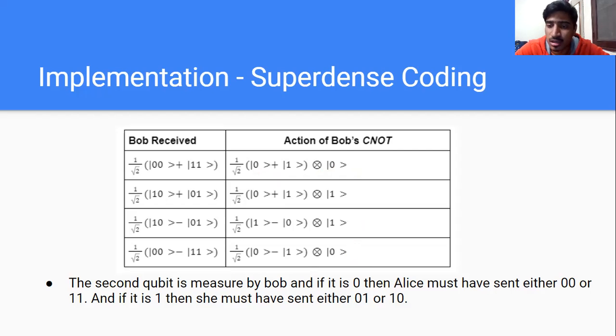If he gets 0, then he comes to the conclusion that Alice must have sent either 0, 0 or 1, 1. And if he measures the second qubit and gets 1, then he concludes that Alice must have sent either 0, 1 or 1, 0.